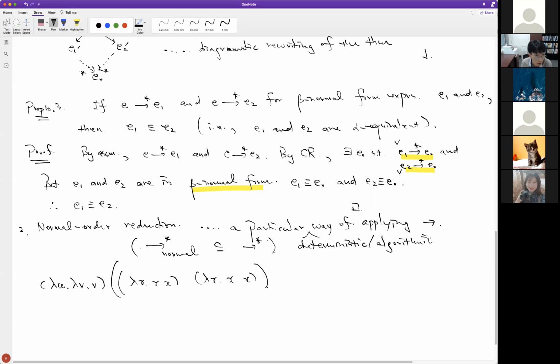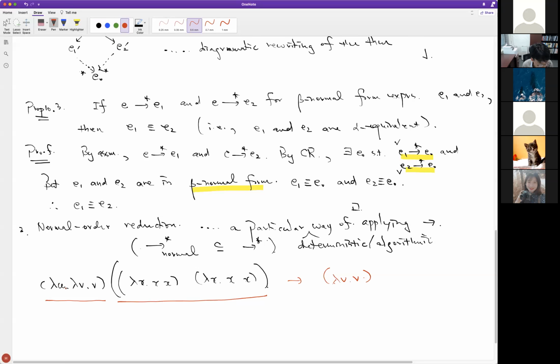For this expression, if you look at the first redex, the outermost redex here, and then reduce it, you will get a very simple answer, lambda v dot v.